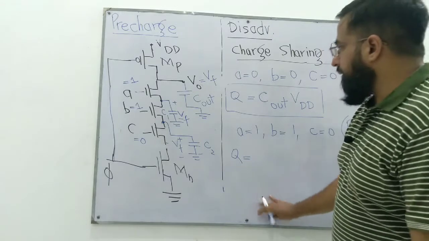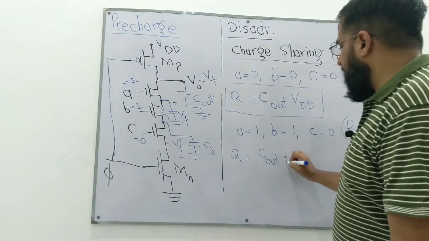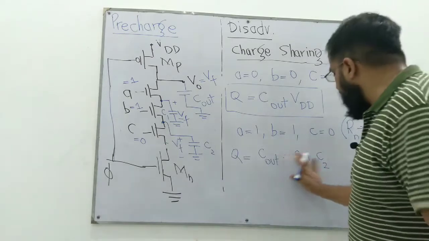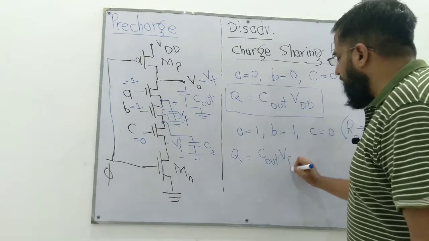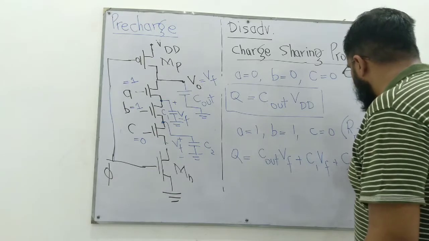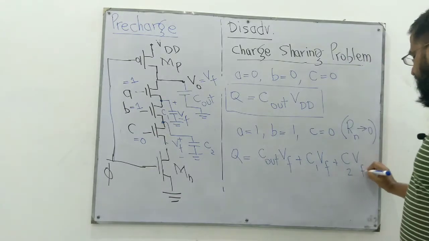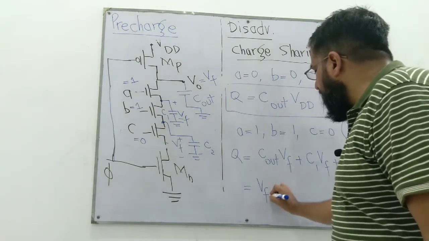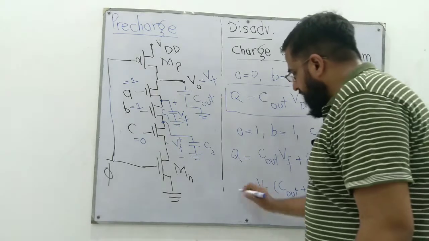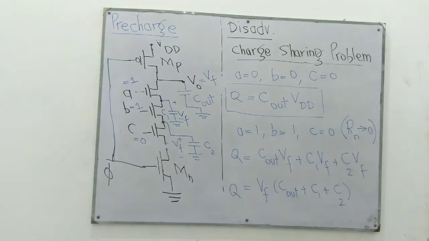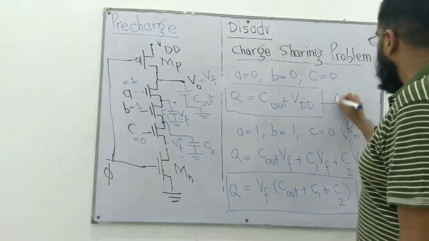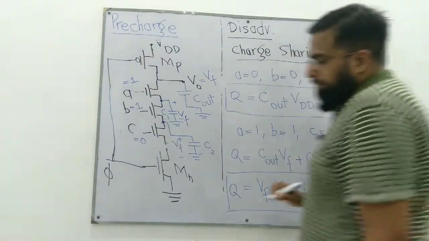Then we can write it as Cout plus C1 plus C2 times Vf, or we can multiply Vf with each term first, Cout Vf plus C1 Vf plus C2 Vf, and then take Vf common, so this charge becomes Vf times the sum of these three capacitances. So this gives us another equation, let's call it equation number 2.